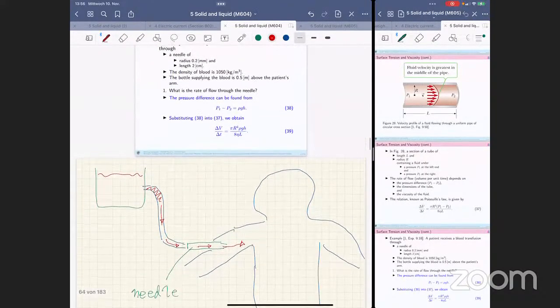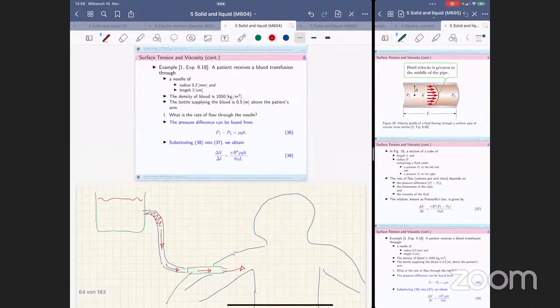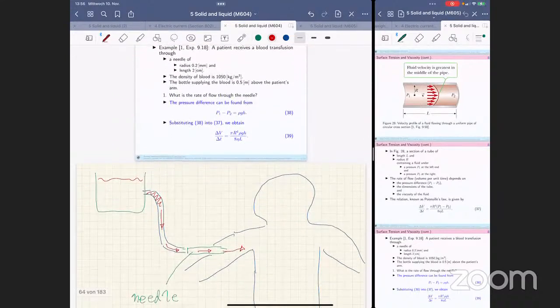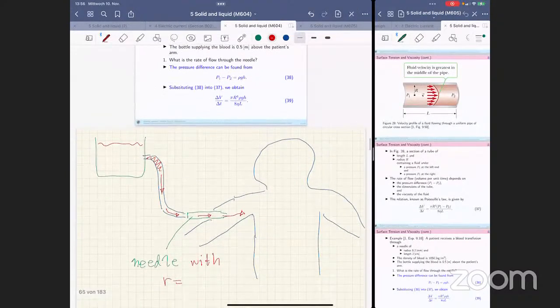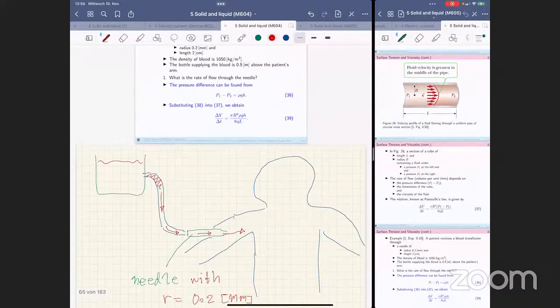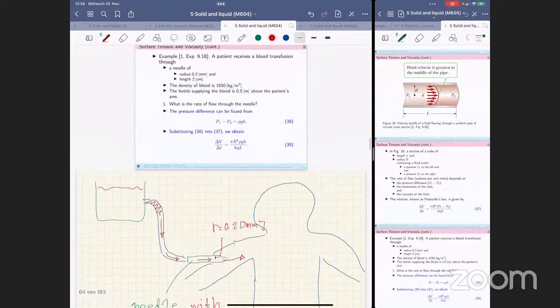All right, let's capture every detail. The radius of the needle here, R equals 0.2 millimeter. The radius like this is R, 0.2 millimeter. And what else?